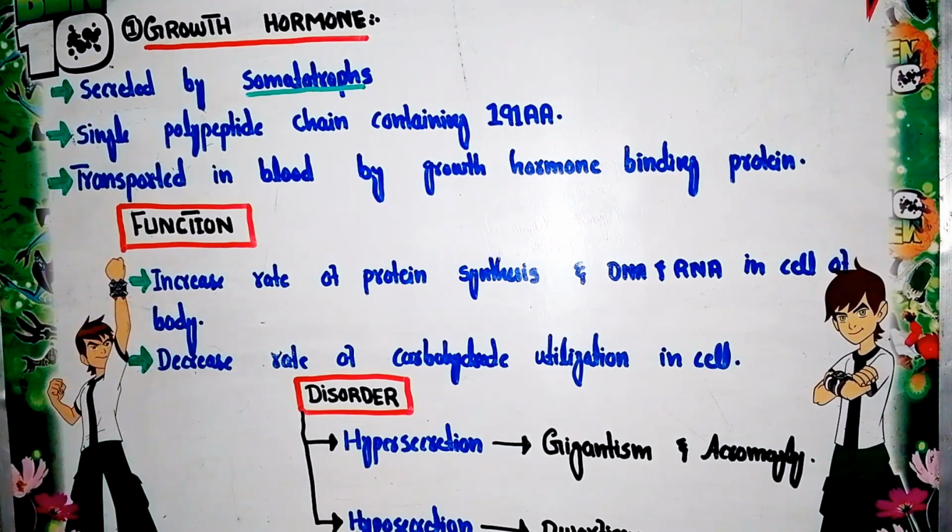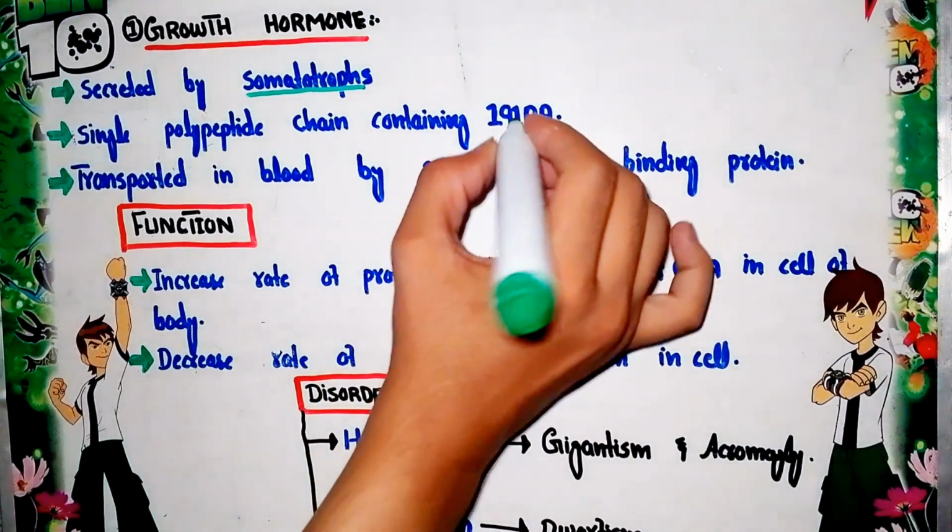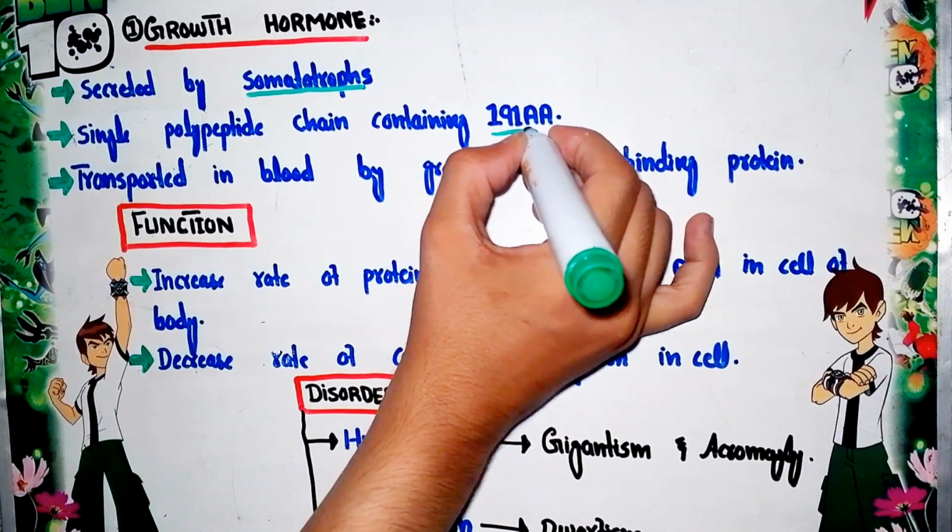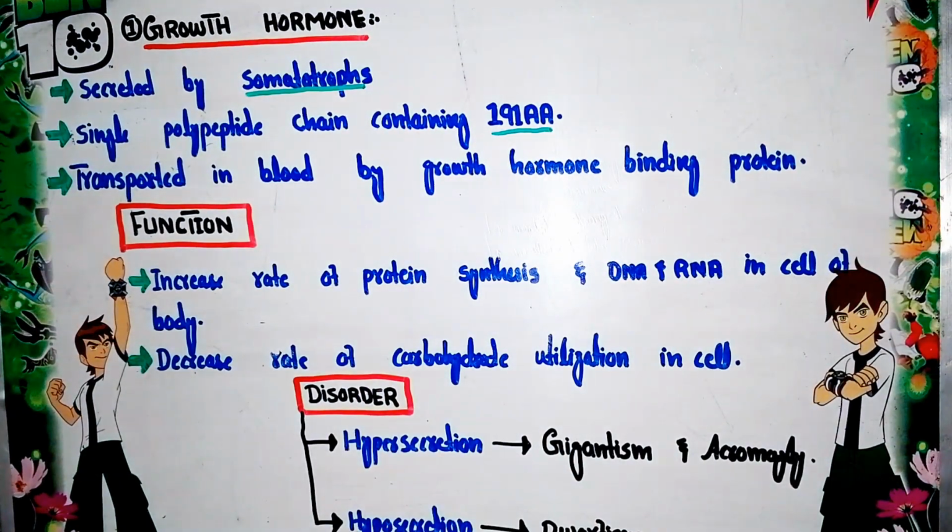Now let's come to the chemical nature of growth hormone. Growth hormone is mainly composed of a single polypeptide chain, and this polypeptide chain contains 191 amino acids.